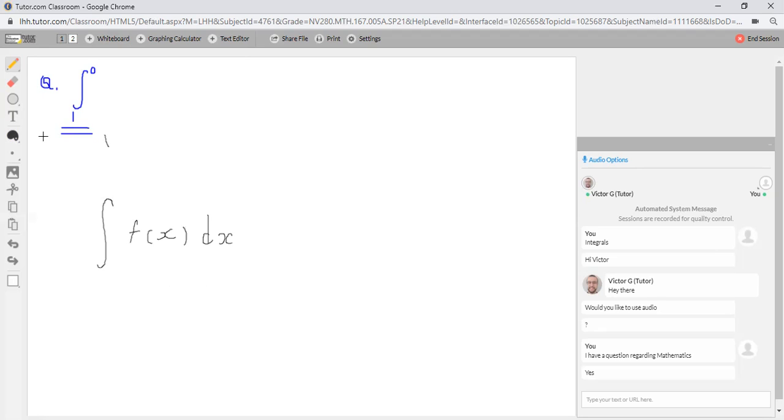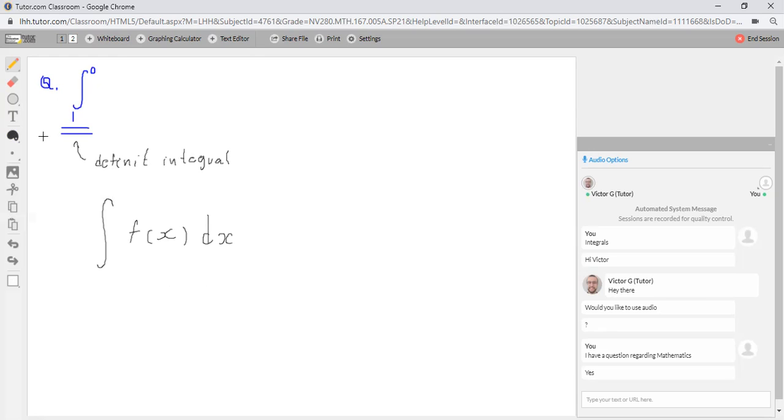And you can also call it the indefinite integral because it's not defined on the bounds here. But this is the area under the curve or the definite integral. Right. And what exactly do you mean by primitive?